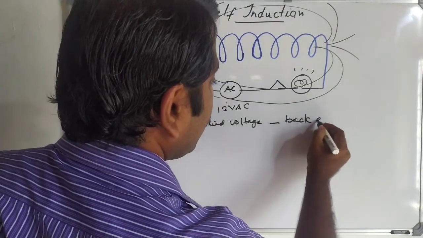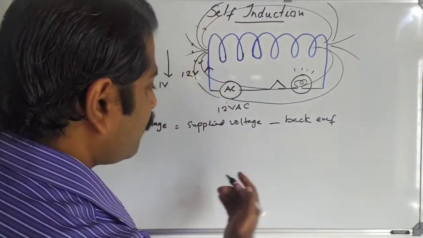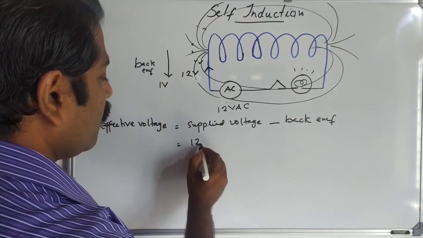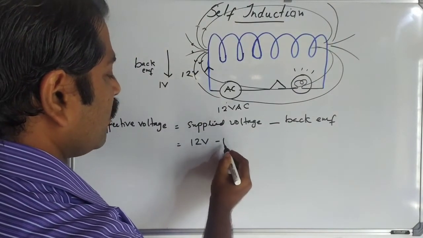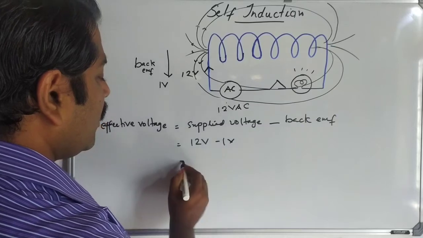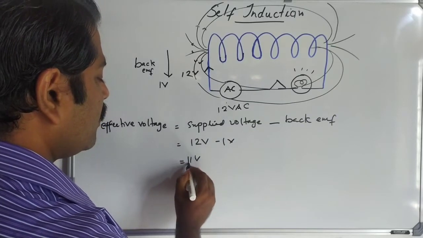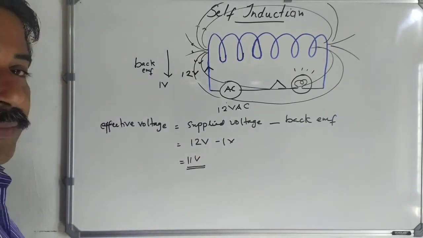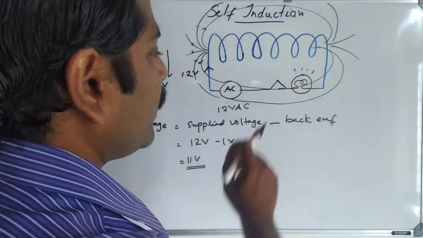Why minus back EMF? Since that EMF is flowing in the opposite direction. So 12 volt minus 1 volt will give you 11 volt. So why did the intensity of the bulb decrease?